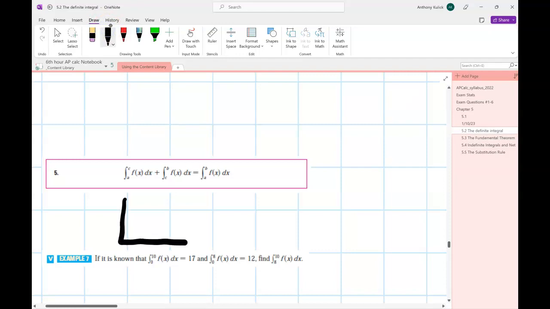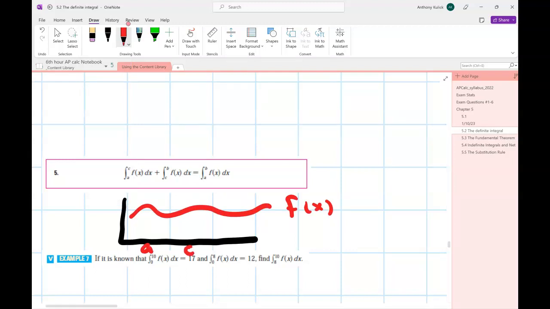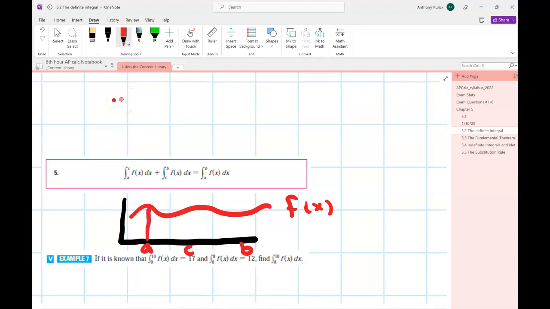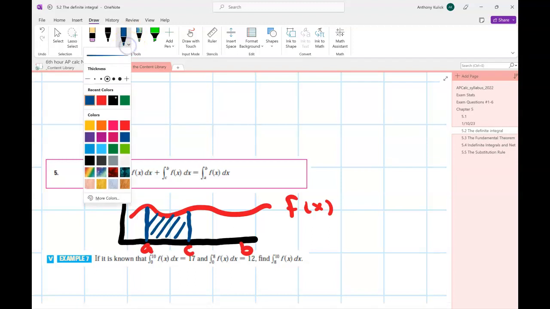So once we draw a picture, this becomes kind of super obvious. There's our f of x. Let's say this is A, this is C, and this is B. If we're going from A to C, you're talking about this area.